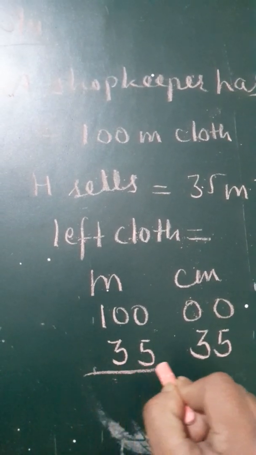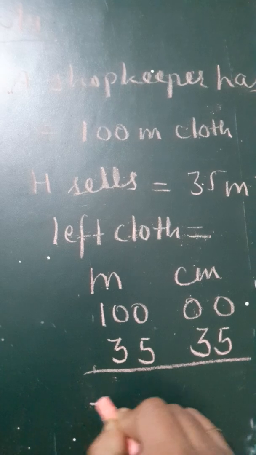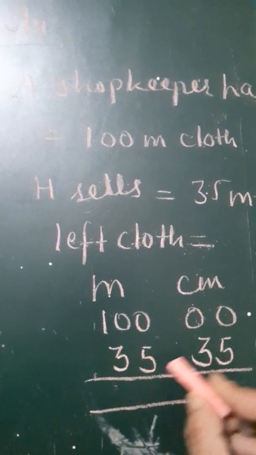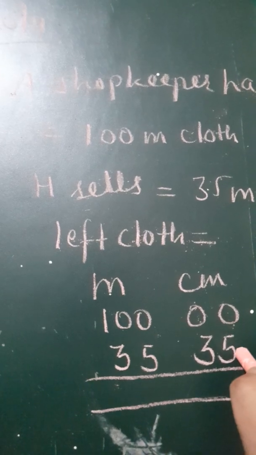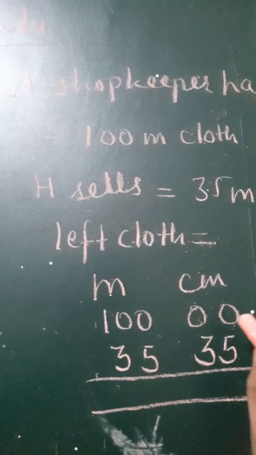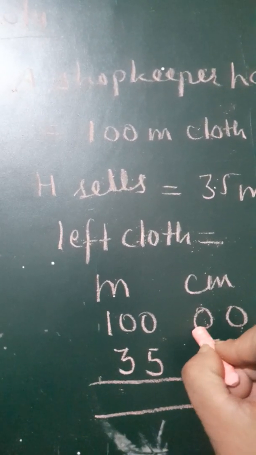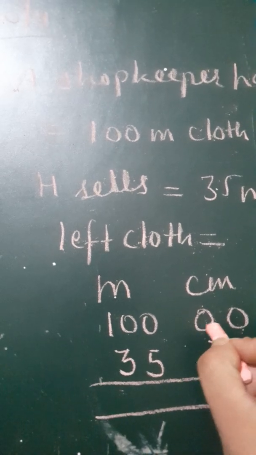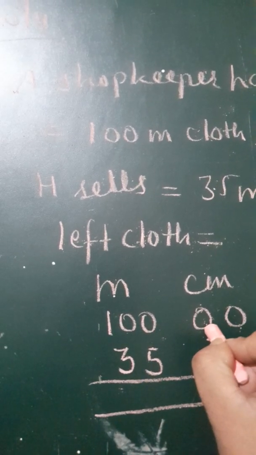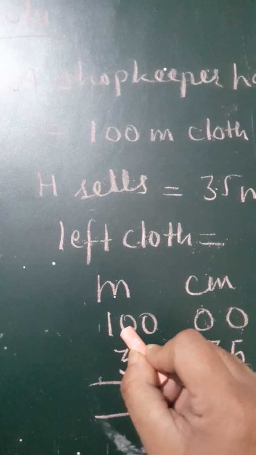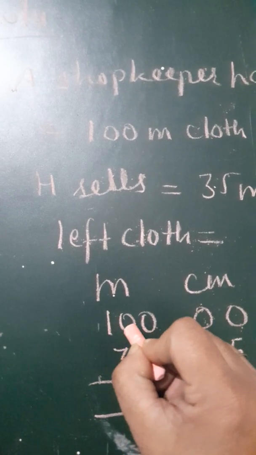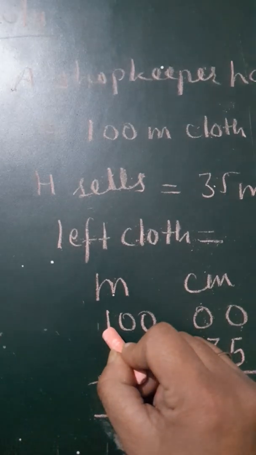Now we'll subtract both the numbers. Here we have 5 and here we have 0. 0 is smaller than 5, so we can't subtract. It will go to this one, which is also 0, and then to this one, also 0, and this one, also 0. So it will take 1 borrow from this side.